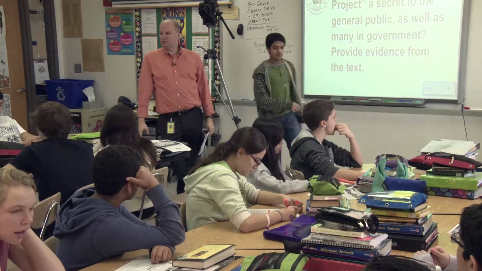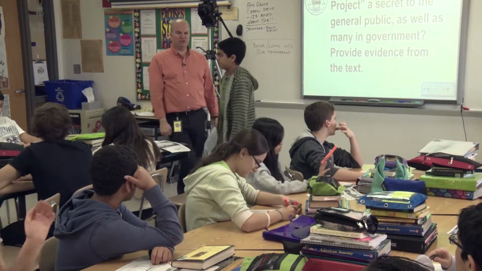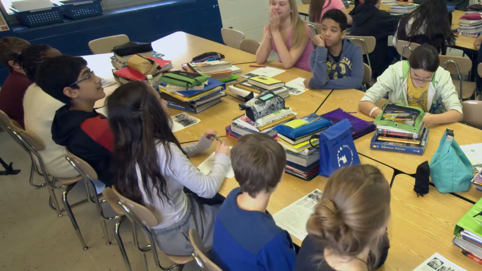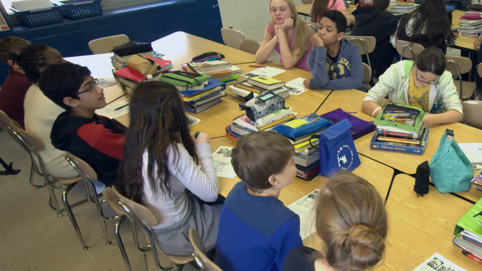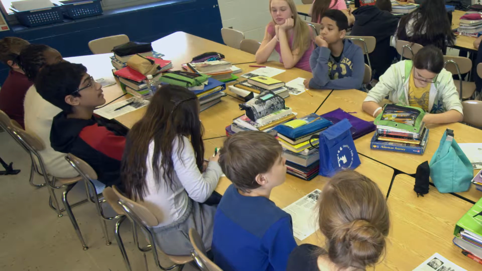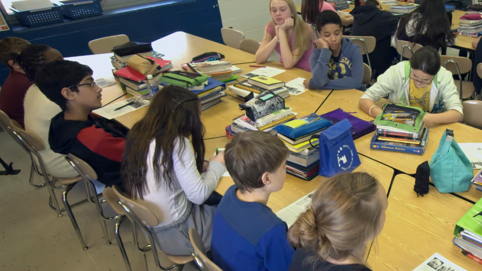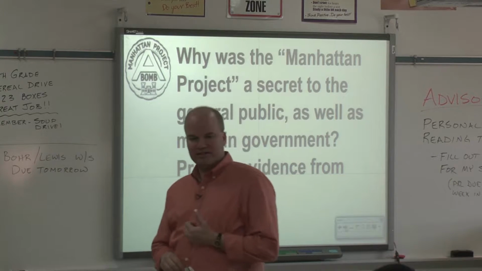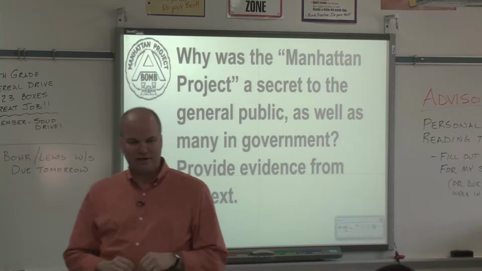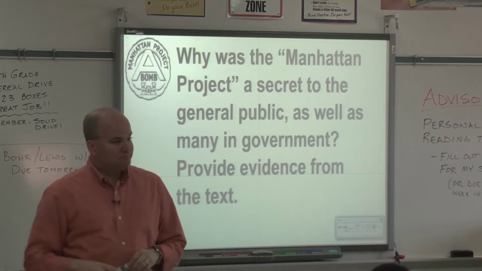So what? Why do we care if Hitler knows? Because then he might think that they're probably going to use it against us, so we should be prepared. So it might speed his process up. Okay, good. So obviously the threat of Germany finding out that we were also looking at this technology, we didn't want them to realize it because it might cause them to ratchet up their research.